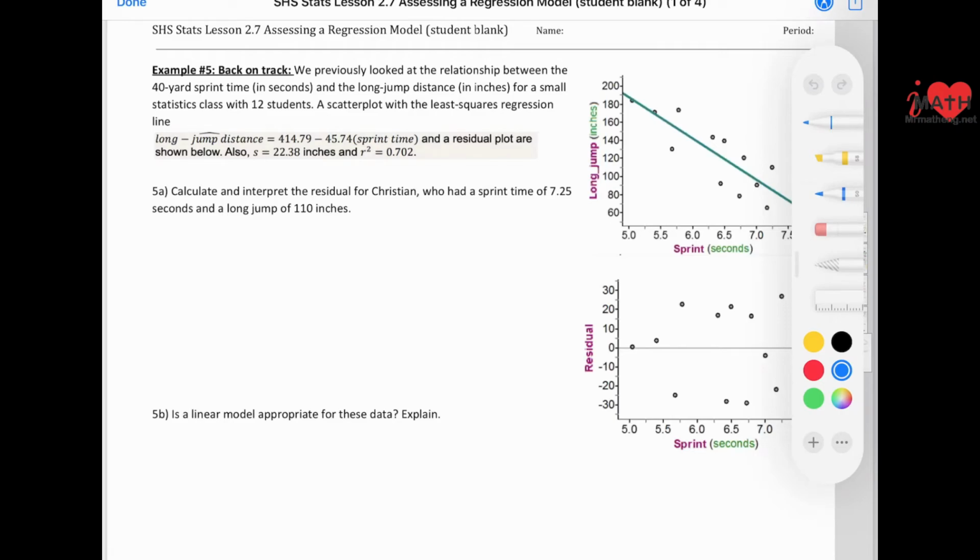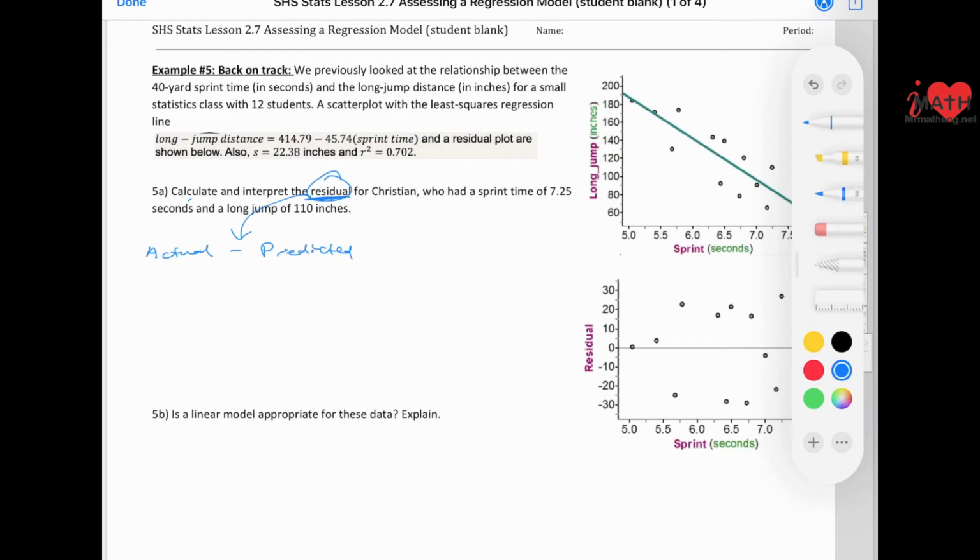Okay, here is a review question. Calculate and interpret the residual. Remember, the formula for residual is, well, we always wanted you to go to AP statistics, that is the actual minus the predicted. Okay, what does that mean for us?